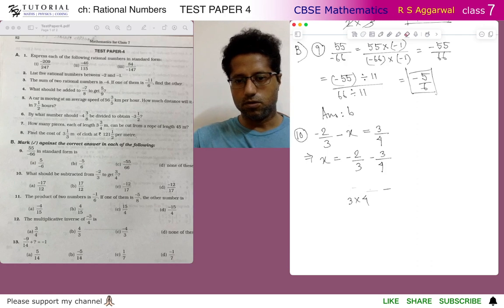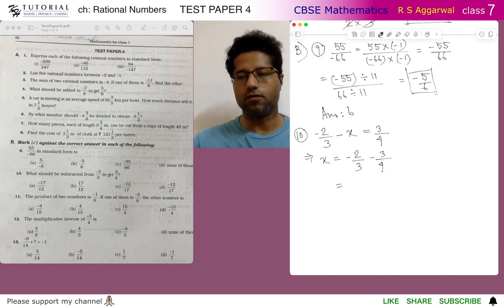So this is a subtraction of two rational numbers, and we know that the subtraction of a rational number means the addition of its additive inverse. So this is minus 2 by 3 plus the additive inverse of 3 by 4.